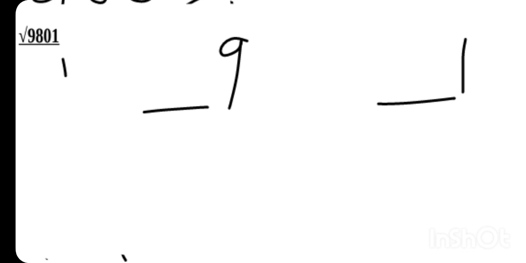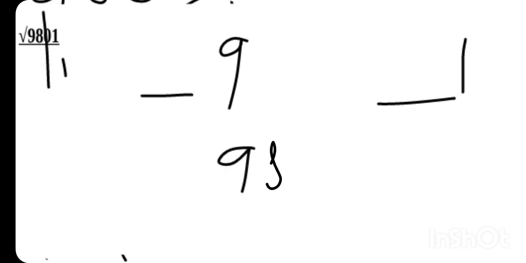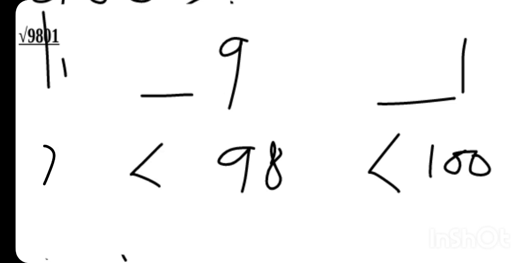Okay, now we proceed with the next. Here we have the number 9801. That means the last digit is 1. If the last digit is 1, then the unit digit will be either 9 or 1. Then we have to find the first digit. Now take the number 98. We know the next square digit is 100 and the before square digit of 98 is 81.